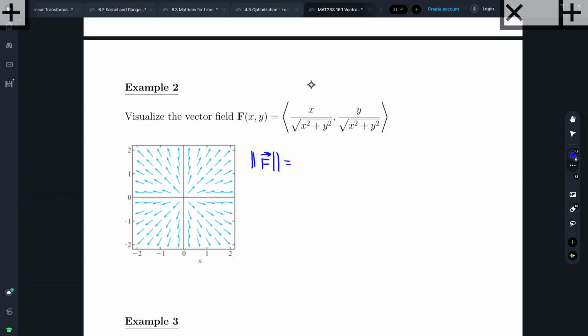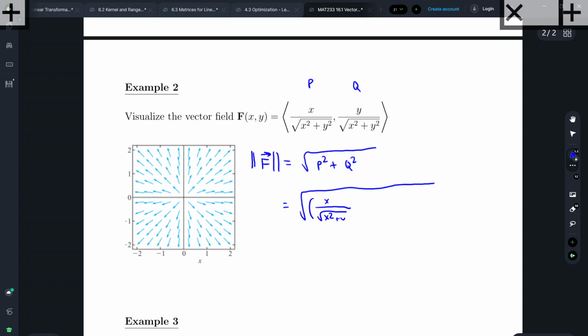Say this is P and this is Q, that would be the square root of P squared plus Q squared. So plugging it in, we can see what we get.